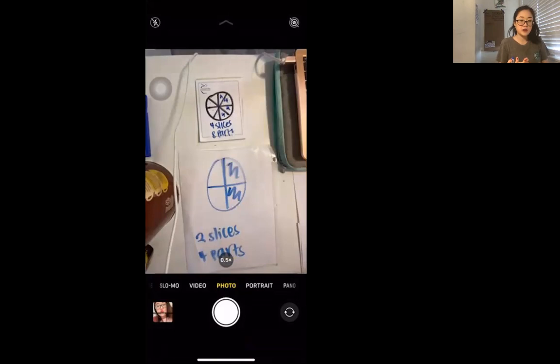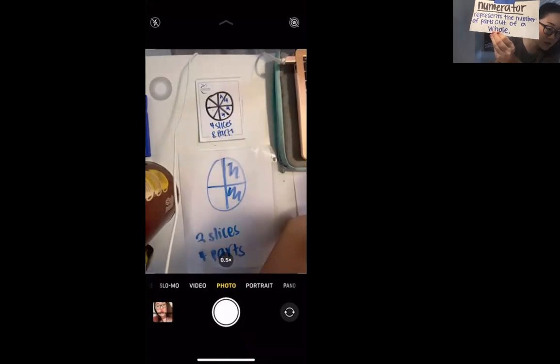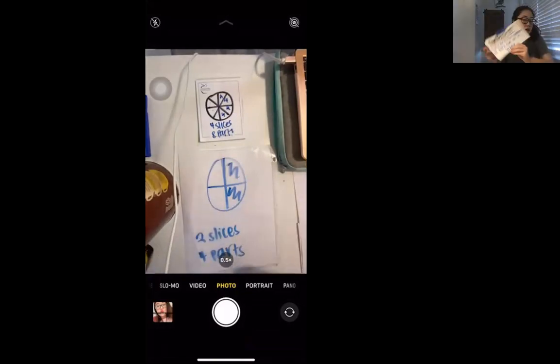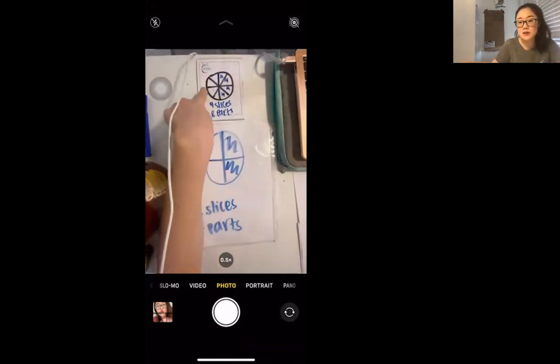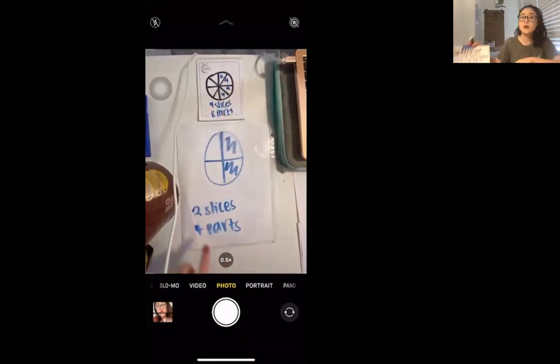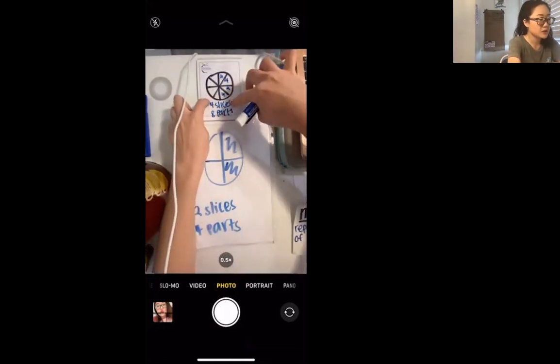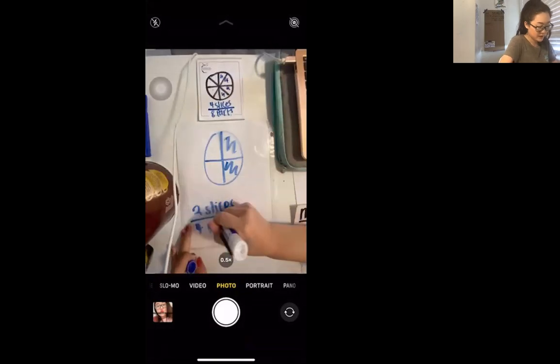So what we just found out represents our numerator. A numerator represents the number of parts out of a whole. And this makes sense because Miss Daniela wouldn't eat all 4 slices of pizza, and she wouldn't eat all 8 slices of pizza. She only gets 4 and 2. And the numerator of a fraction always is on the top of the fraction line, which I'm going to create right now.